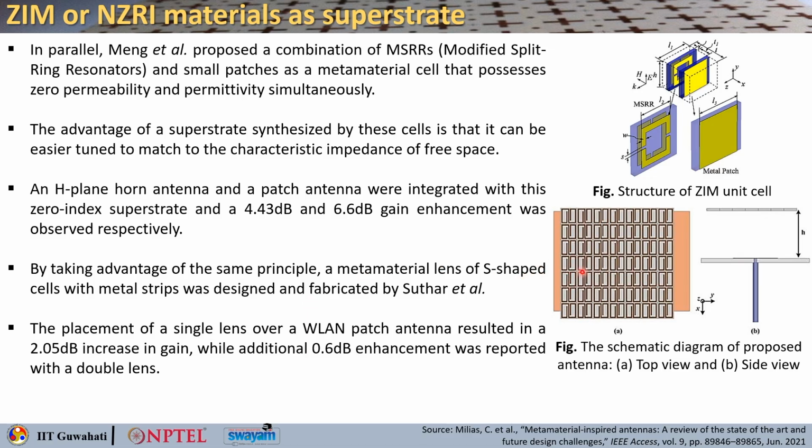They placed a single lens over a WLAN patch antenna at a height h. You can see more details about all these parameters and the design specifications in this paper. This gave 0.6 dB enhancement when they used a double lens.